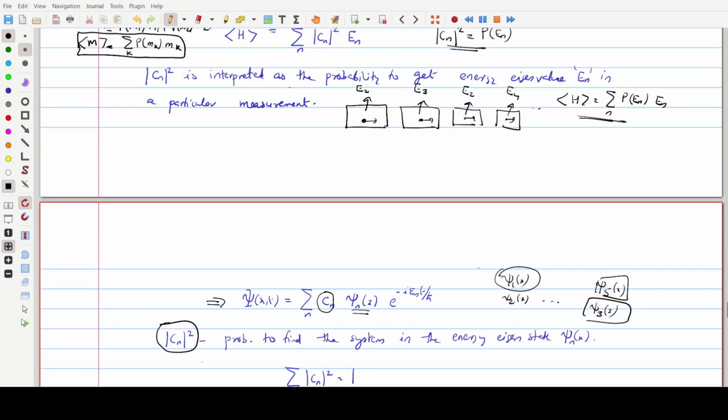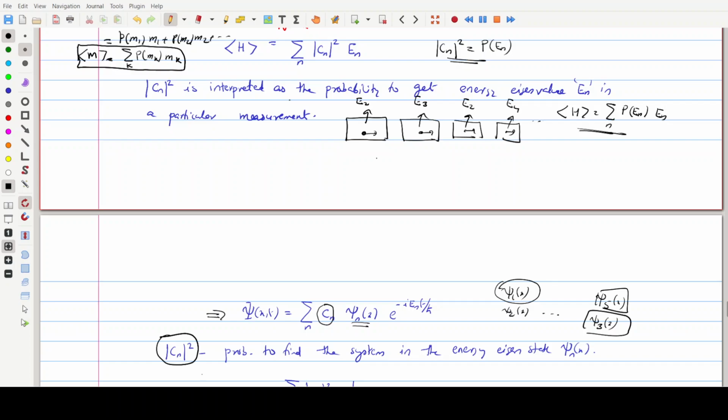I will repeat what I have said. In order to calculate the expectation value experimentally, we should have copies of the same system. If you want to find the expectation value of energy for a particle confined in a box, we need a very large number of the same system.